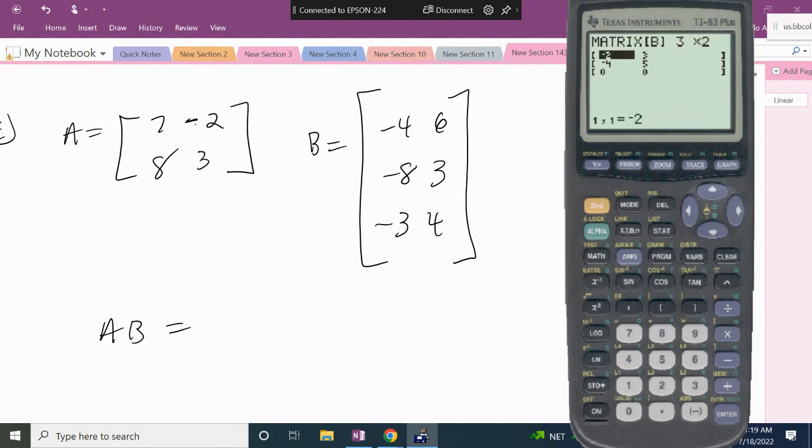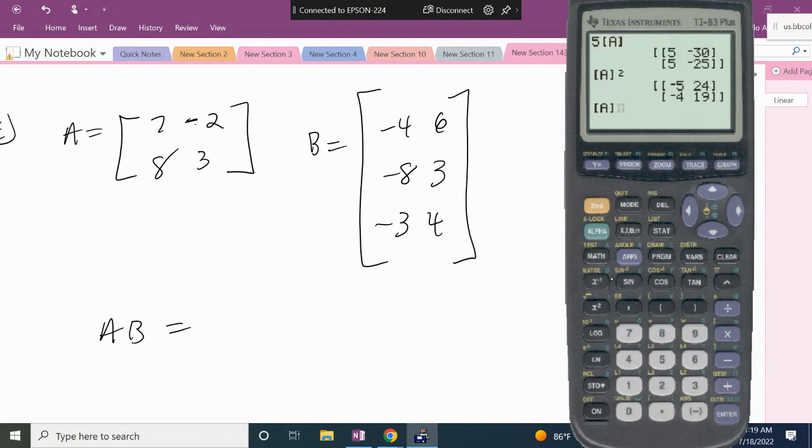So I must change my dimensions to 3 by 2. -4, 6, -8, 3, -3, 4. And then we could multiply.